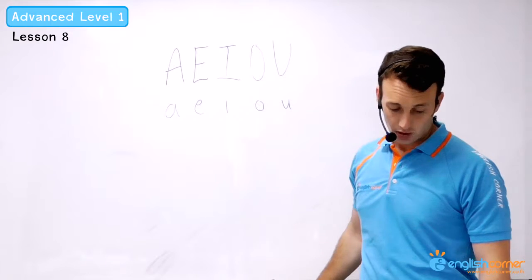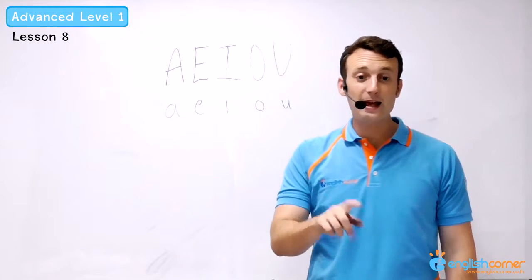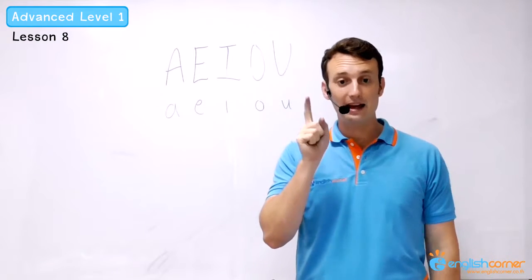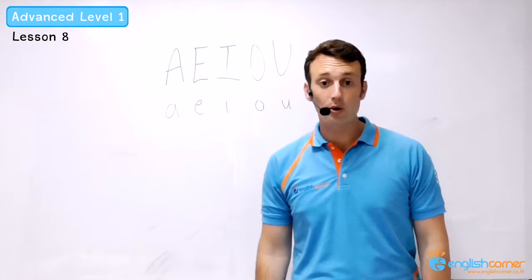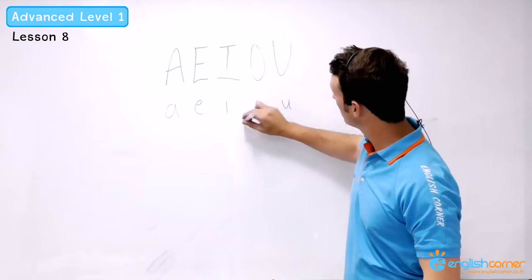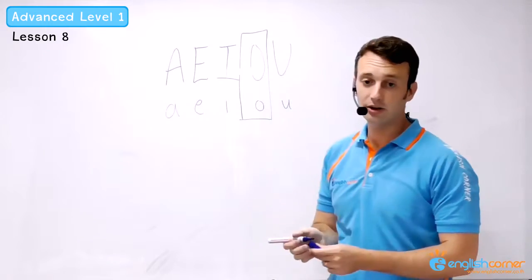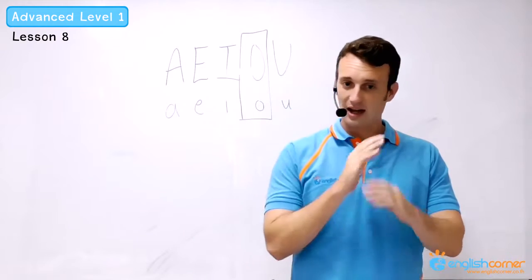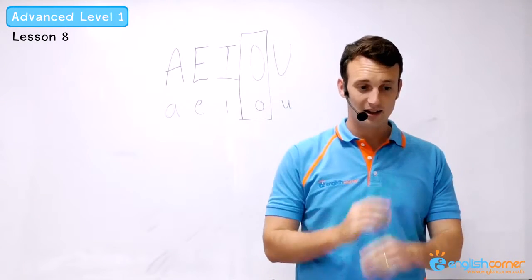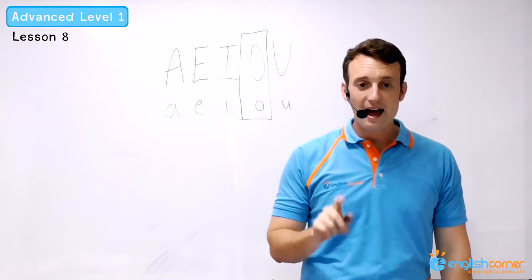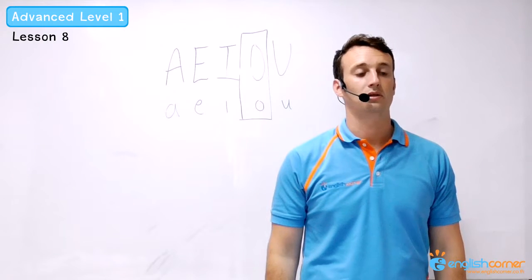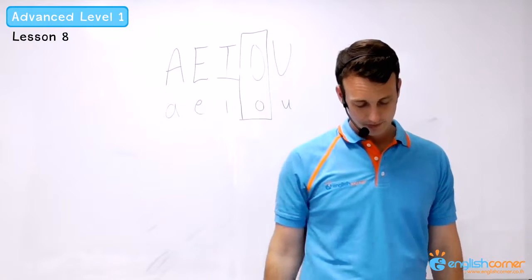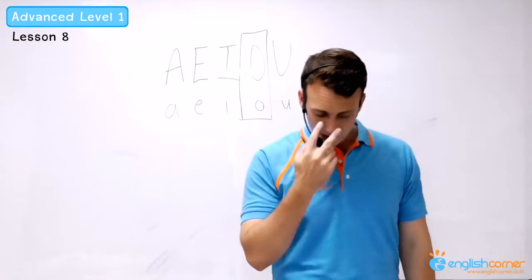So I can say a mango is one mango. I have a mango. But orange starts with a vowel. I cannot say, I have a orange. You cannot say that. Say, I have an orange. Can you repeat? I have an orange.